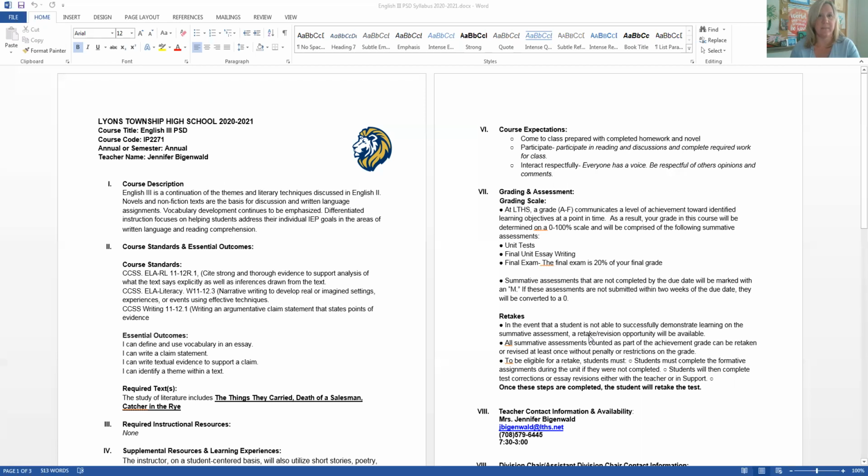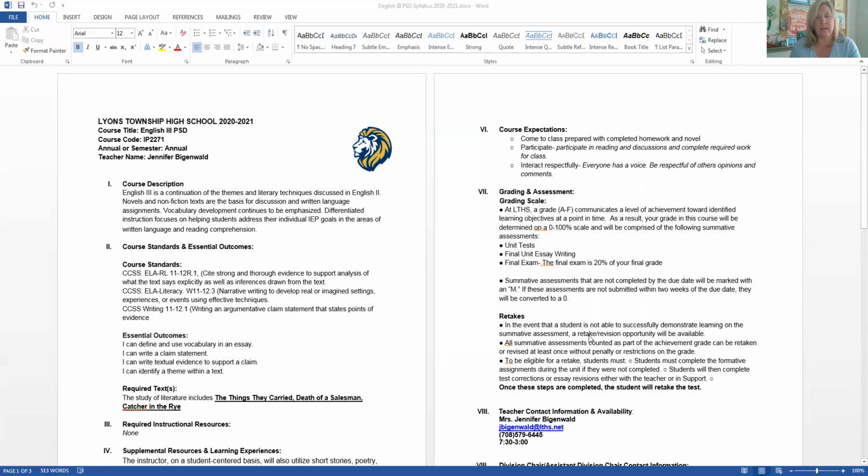We read all the same novels, we do a lot of the same assignments, and we use the same assessments. The difference in my class is that we go a little bit slower. So the curriculum that is being taught in the prep level courses is used in my course, but we go at a slower pace. It allows for students to have extra time and extra help with writing and reading comprehension.